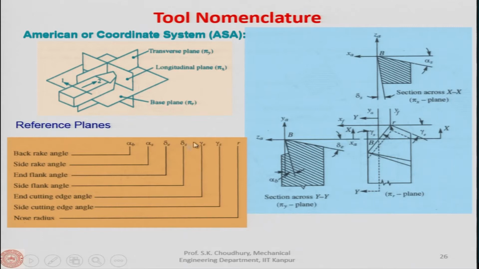This is along the transverse plane, okay, YY. Now, we will place these views here, that is XX we will place it in here, and the YY cross section, how you can see that cross section, we will place it here, all right.